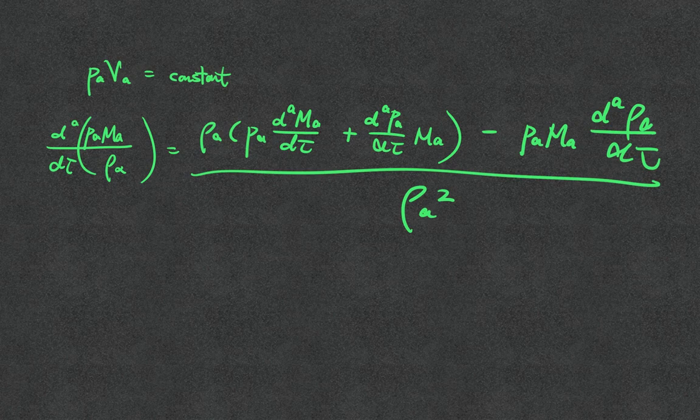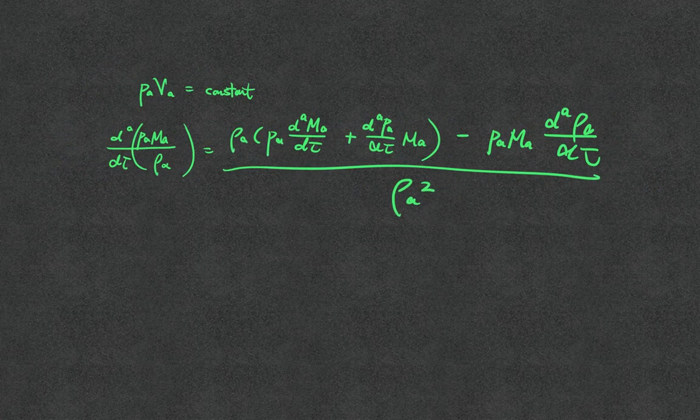Okay, you guys know why the rho A is squared? Just the rules to deal with the derivative of something divided by something, okay? Now this one is actually equal to 0 because this is constant.